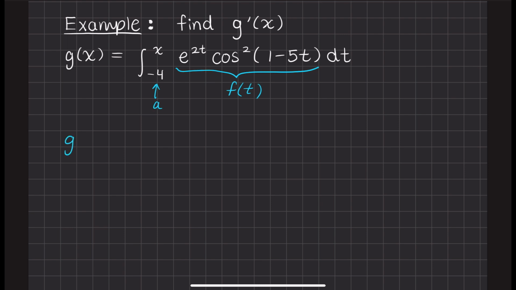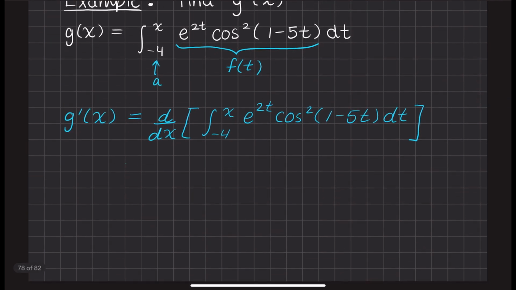So when we're computing g prime of x, this is the derivative with respect to x. If we want to be super specific, we can put d dx of g of x, so the integral from -4 to x of e to the 2t cosine squared of 1 minus 5t dt.